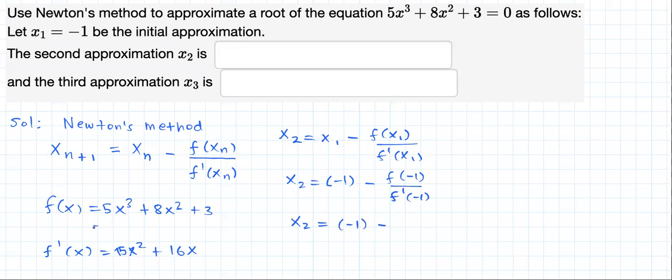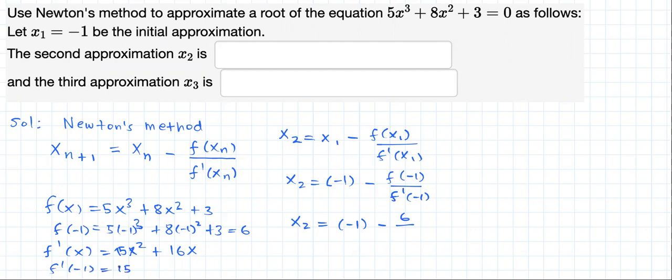Well, that should be the following: 5 times -1 cubed plus 8 times -1 squared plus 3. That is -5, 8 here. So 8 minus 5 is 3, plus 3 equals 6, right? So this is 6 over the derivative evaluated at -1.